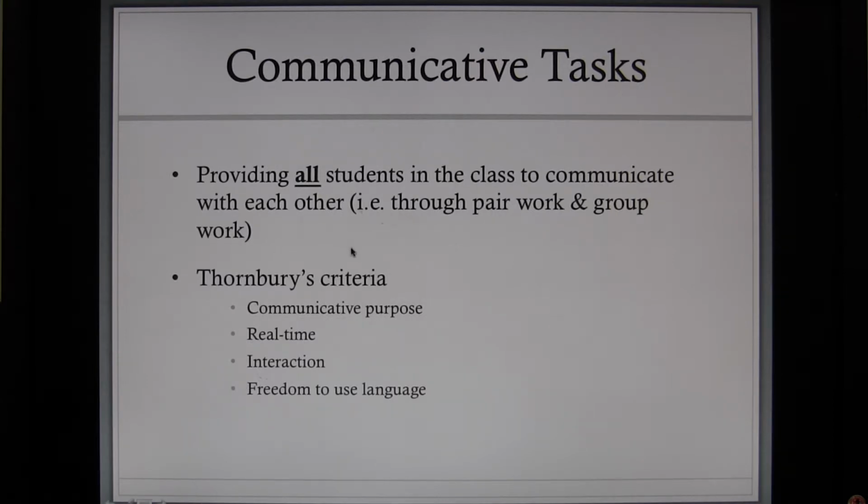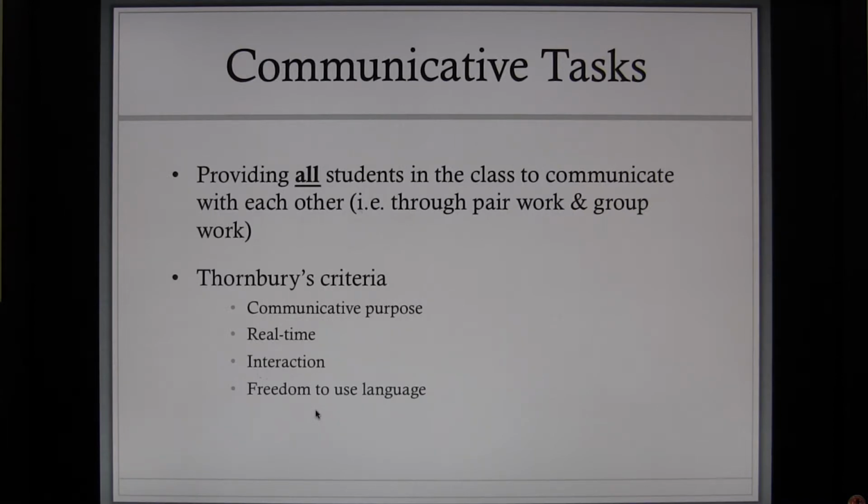In terms of Thornbury's criteria, this comes from How to Teach Speaking. Was there a communicative purpose? Yeah, there was. They had to sort of discern where he was from, whether he was British or from South Africa. So there was this kind of catch-the-lie thing. Real time, yes.